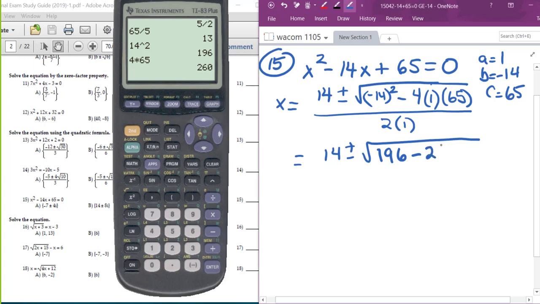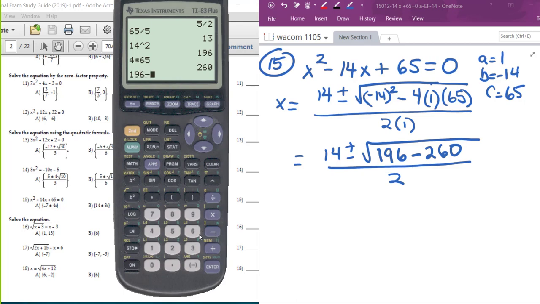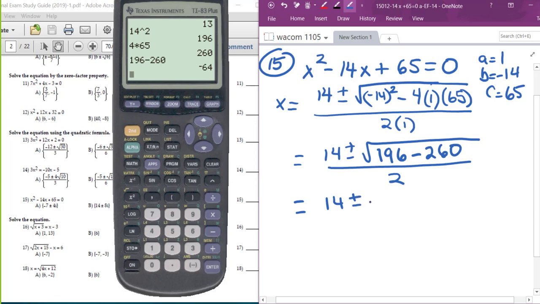You know right here that it's going to give you i's because it's going to be negative under the radical. All right, so we have 196 minus 260, -64. Oh, that's good because it's a perfect square. And so that would be 8 and the i.